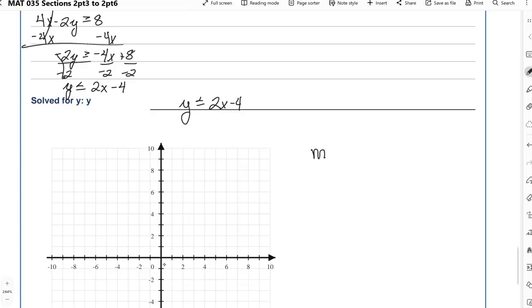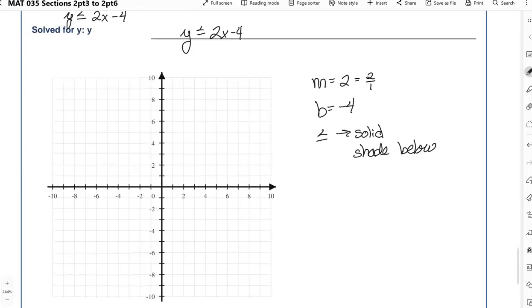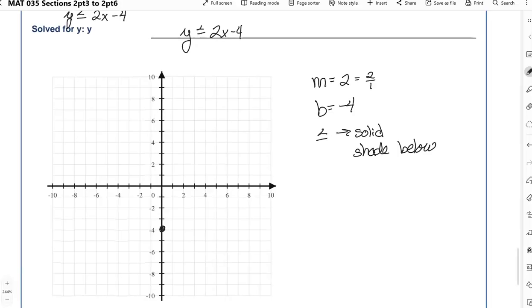So our slope is 2, which we're going to view as 2/1. Our y-intercept is -4. We're looking at less than or equal to, which means we're going to have a solid line, and we're going to shade below. So y-intercept is -4, slope is 2, so from -4, I'm moving up 2, right 1.